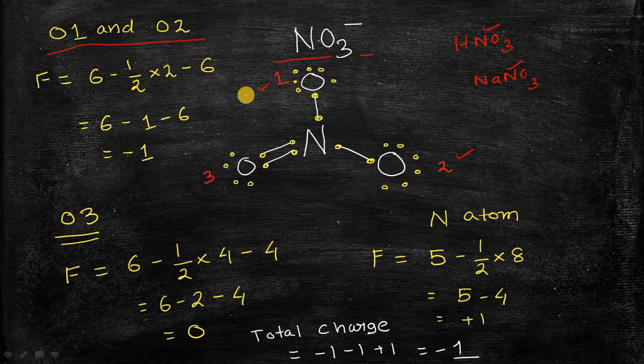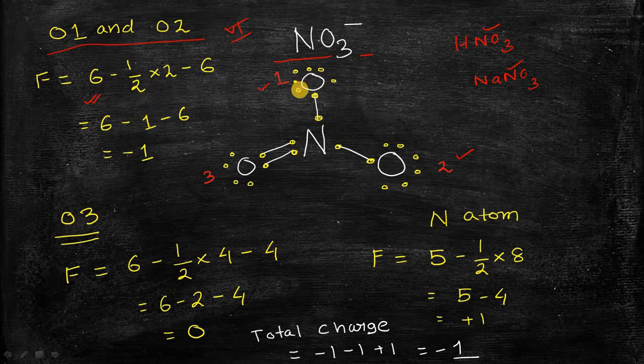At first you have to calculate the number of valence shell electrons present in the oxygen atom in the neutral state. As you know, oxygen is a group 6 element, so it has a total of 6 valence electrons in the neutral state. In both cases the bonding electrons are 2, so the sharing will be half into 2, that is equal to 1.